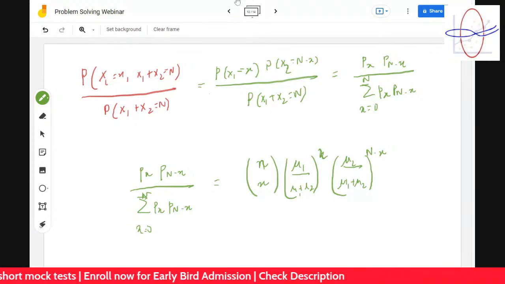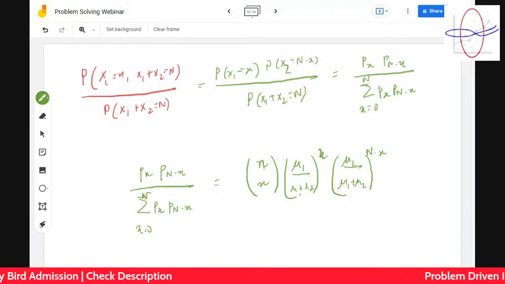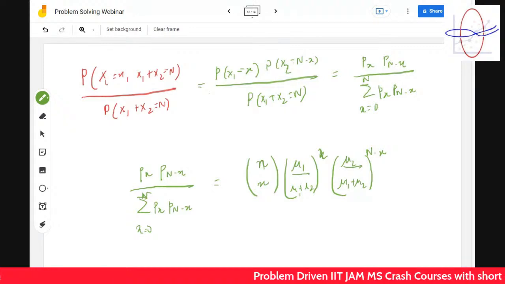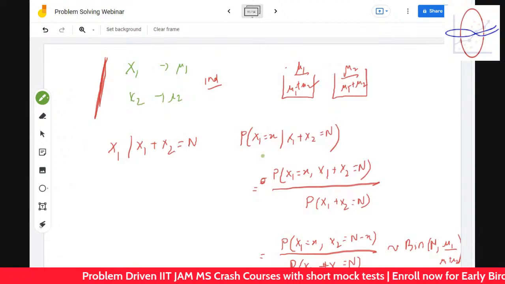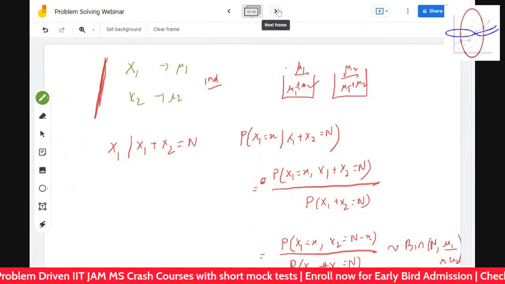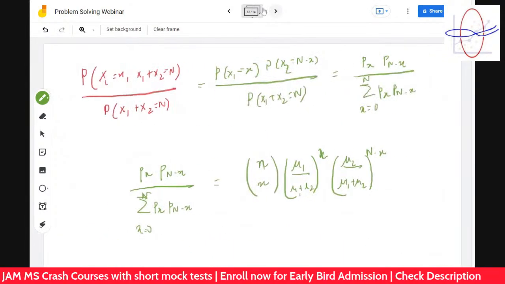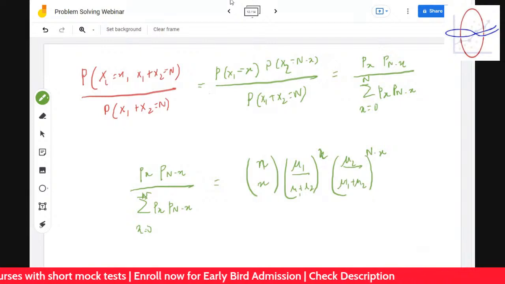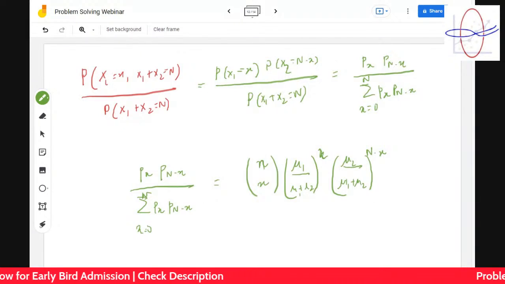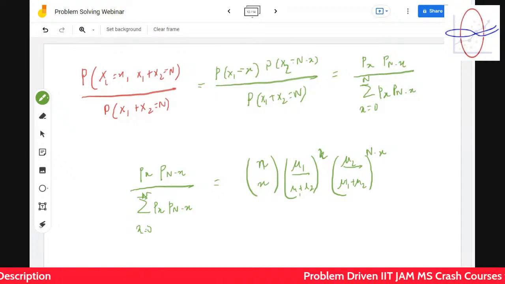But how does that help here? I mean, I don't understand. Magnitude of probability is small in Poisson, and I didn't understand this.